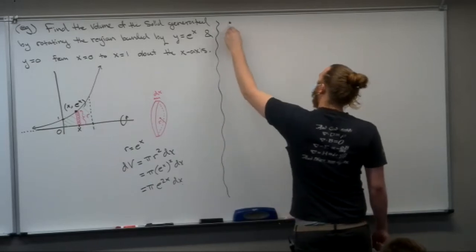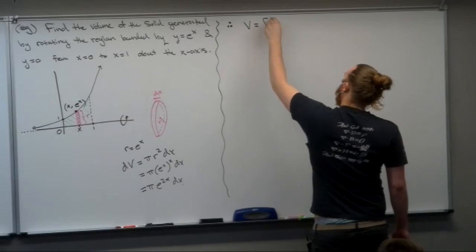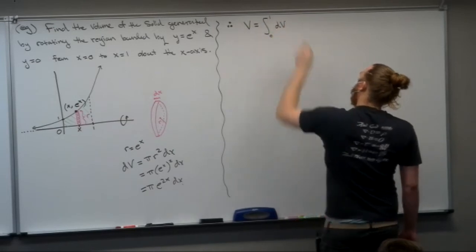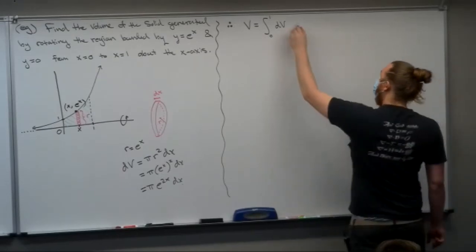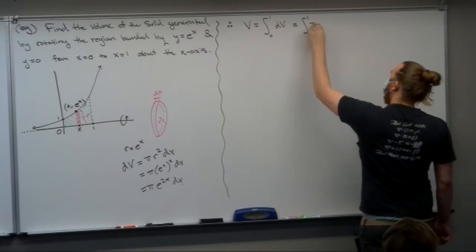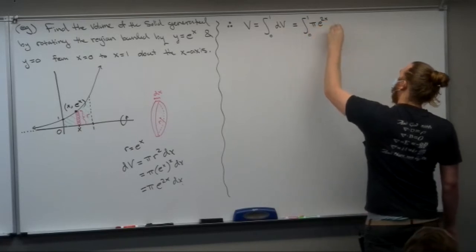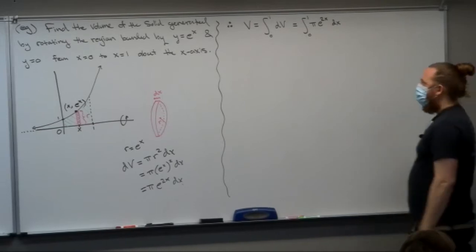So your volume is the integral from 0 to 1 of that little differential volume, dV. That's the integral from 0 to 1 of pi times e to the 2x dx. Pi is a constant, it will pop out.